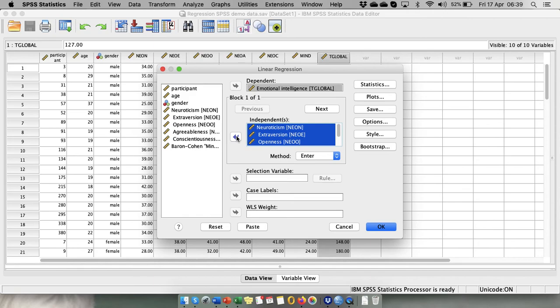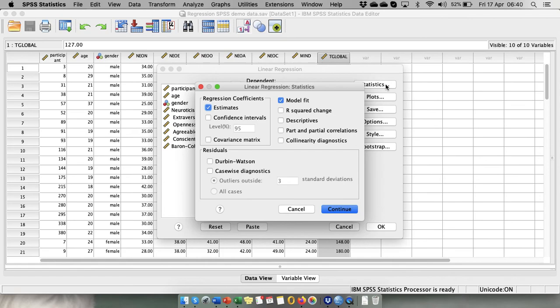What additional things do we need to specify in this menu in order to test all the assumptions? When we go to Statistics, the things we're interested in are collinearity diagnostics, and we also can look at part and partial correlation. Usually I would pick this one, and confidence intervals are commonly reported, so we can pick this one.